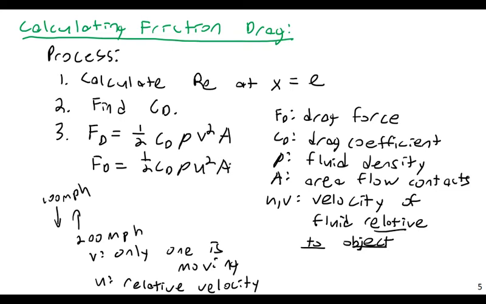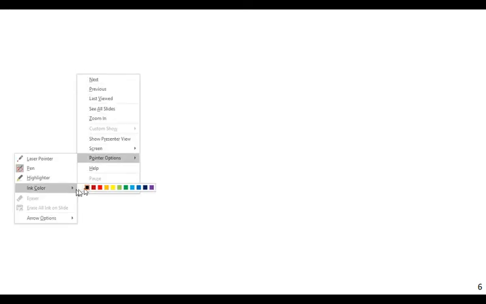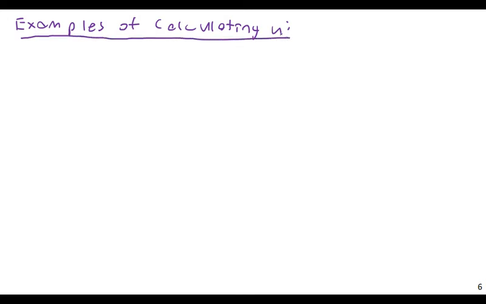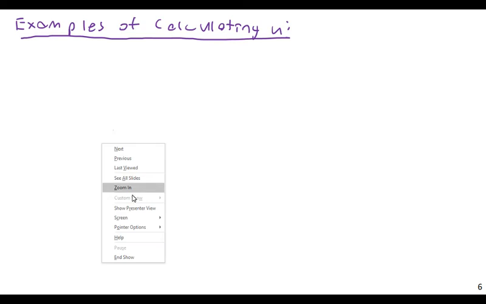Now I want to do some examples of the calculation of relative velocity U. So let's consider this. First of all, what if the fluid is stagnant and the plate is moving?